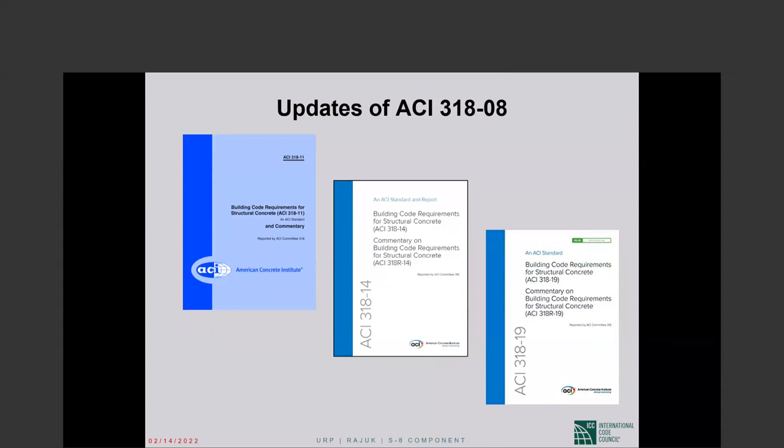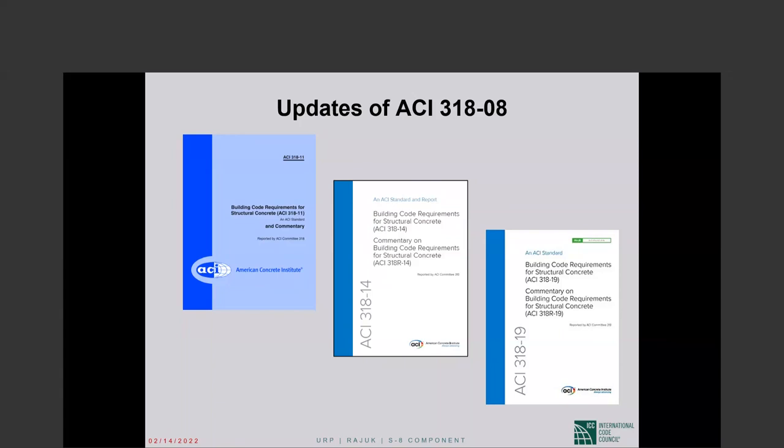The document underwent a complete reorganization in 318-14, which means, among other things, that beyond chapter 3, nothing is where it used to be. Everything has been moved around. And pretty much with the exception of the seismic chapter, which remains intact, it has not been split up and placed in different places as other chapters have been.